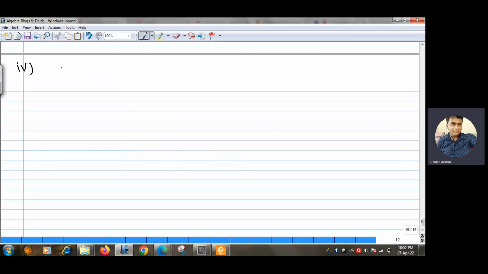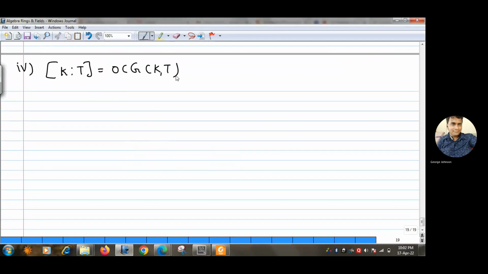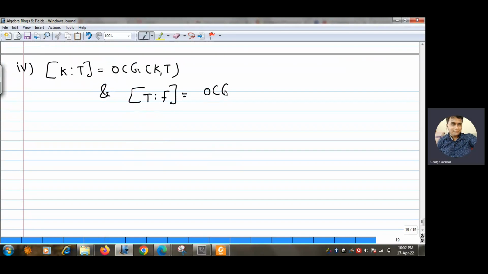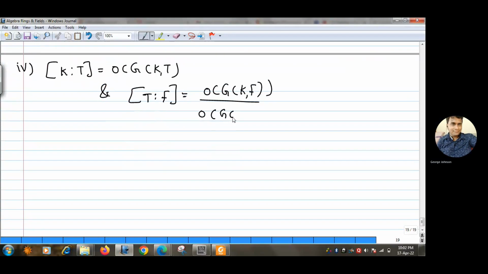In the fourth statement, we have to prove that the dimension of K over T is the same as the order of GKT. And furthermore, we have to prove that the dimension of T over F is the same as the order of GKF divided by the order of GKT, which we will call the index of GKT in GKF.